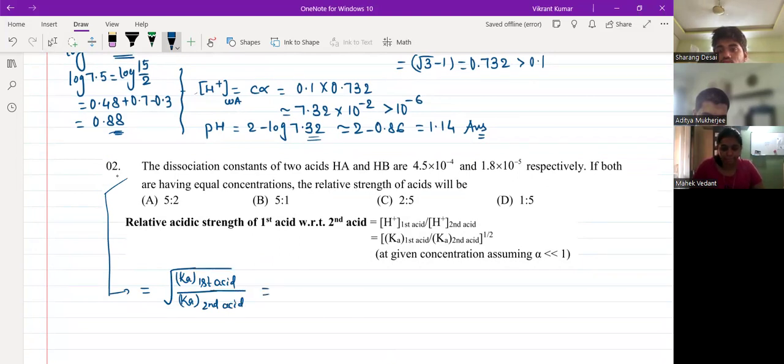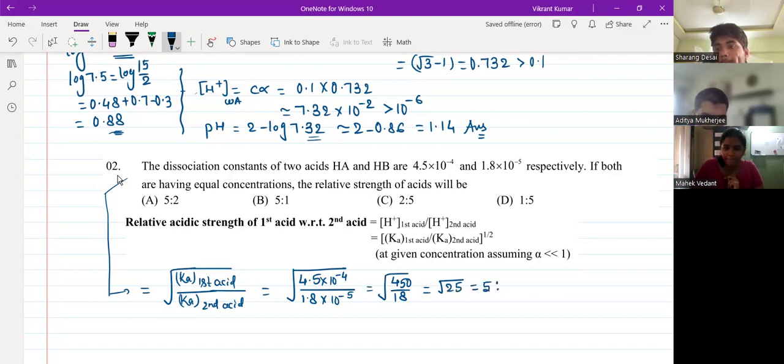And that will become under root first acid is 4.5 into 10 raised to minus 4 upon 1.8 into 10 raised to minus 5. If I write ऊपर 450 कर दिया तो नीचे 18 आ जाएगा. So that will give you root under, this is 2 times to 36, 5, then 25. So this is 5:1. 5 आ रहा है तो 5:1 will become the answer.